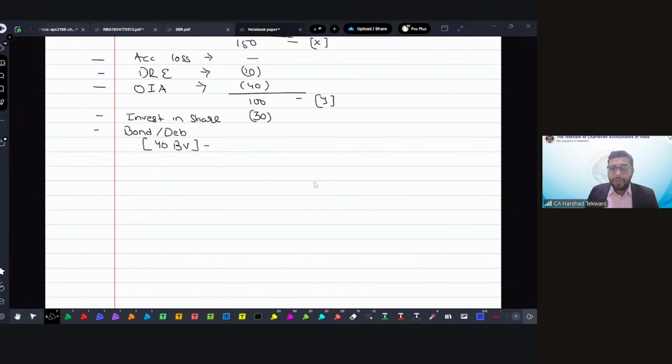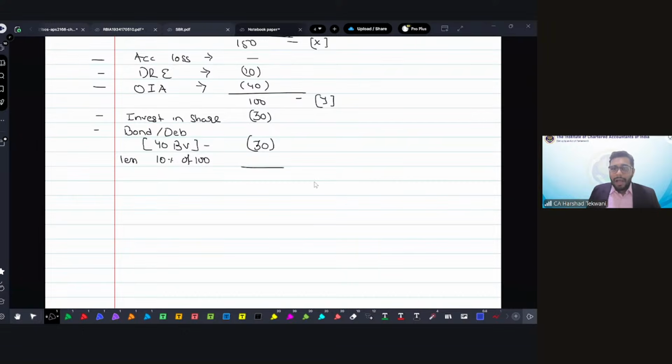So I'll reduce the 10% of Y out of this. So less 10% of 100. It will be 10 basically. So once you reduce 10 rupees from 40, whatever amount comes, let's say this will be 30. You are required to reduce it.